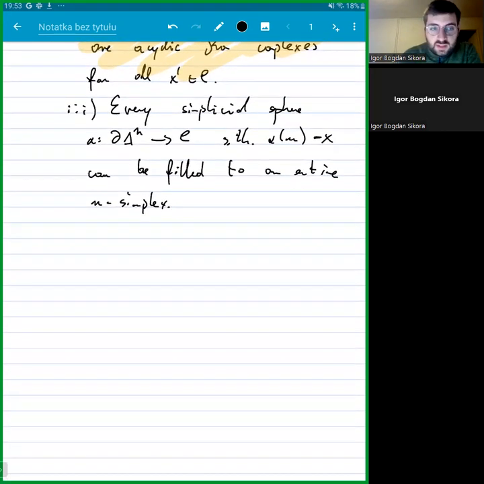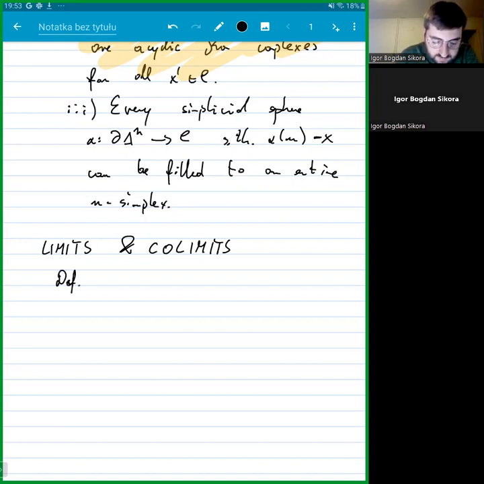Okay, and now we are in a position to define limits and colimits. And here we'll stop on the definition of these objects. So a definition. Let K be a simplicial set and C be a quasi-category.